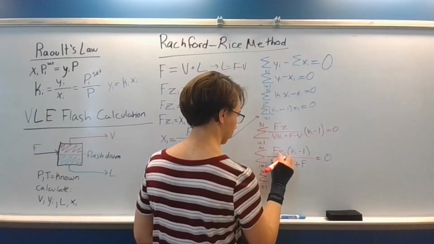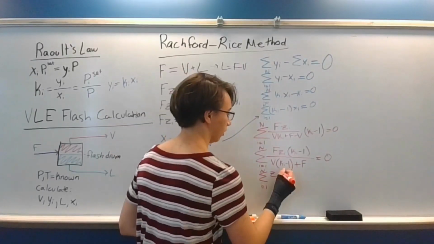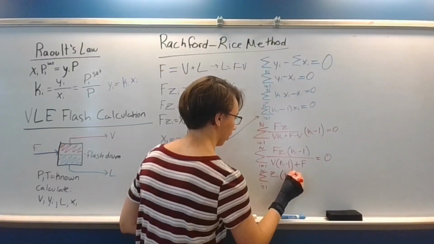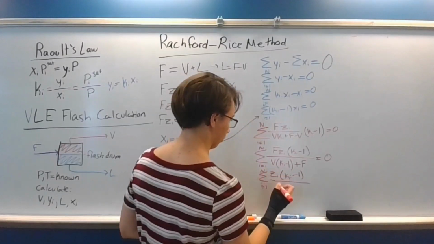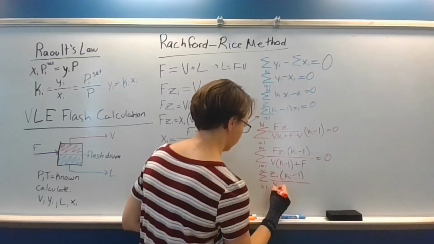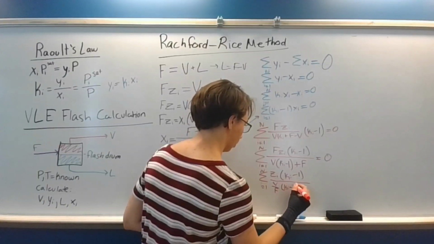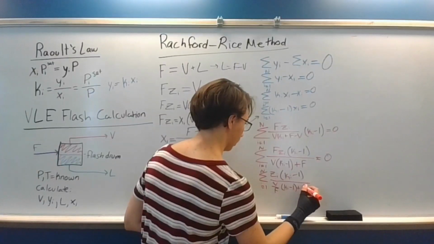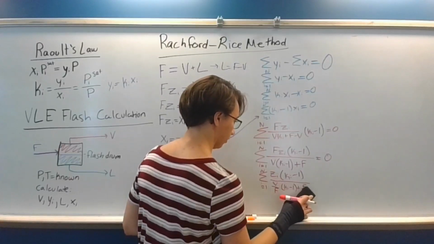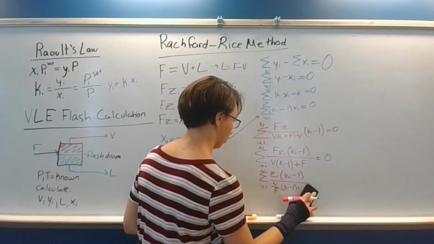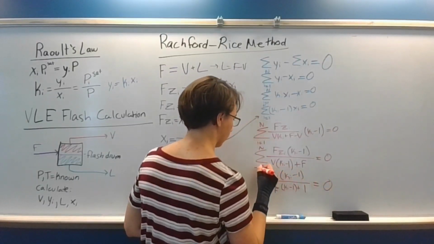So we'll divide this top by F, so we'll just have the mole fraction in the feed times Ki minus 1 over, so divide this term, so we'll have moles in the vapor over moles in the feed times Ki minus 1 plus 1, since it's divided by the feed, and that's going to be equal to 0.